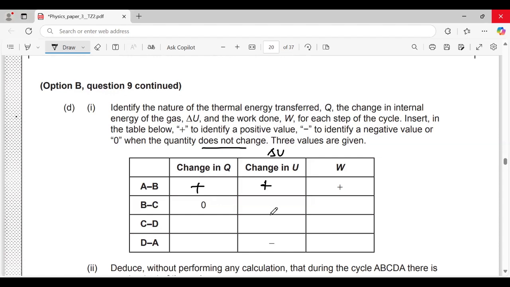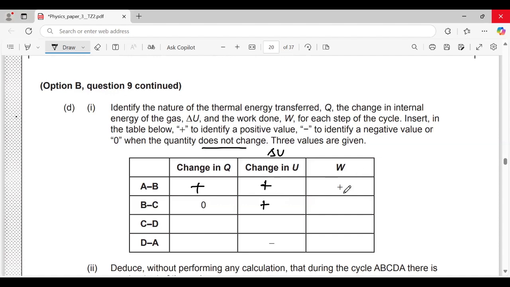When there is no heat exchange, any change in internal energy comes from the work done. In adiabatic compression, the gas is compressed, so the internal energy will be increased. If the internal energy increases, it means delta U greater than zero, the sign is positive.